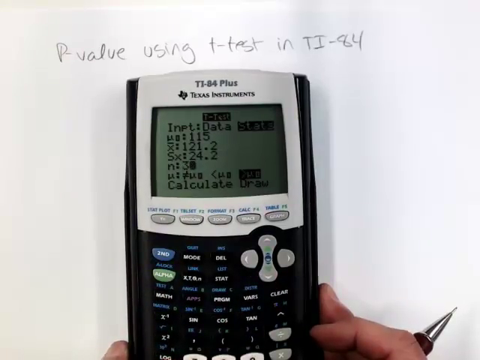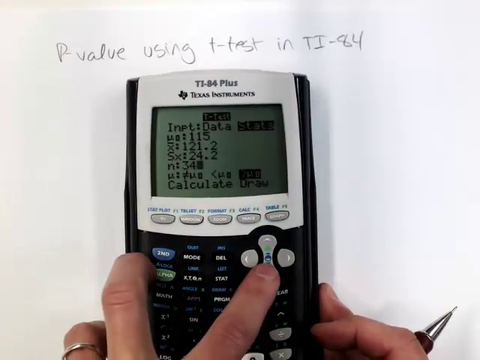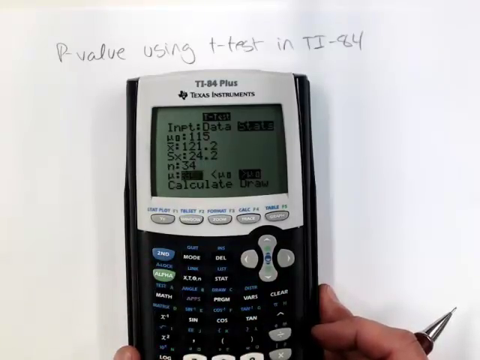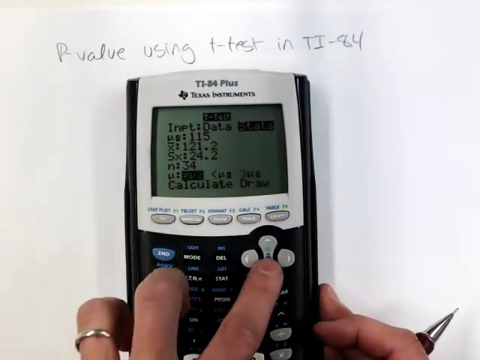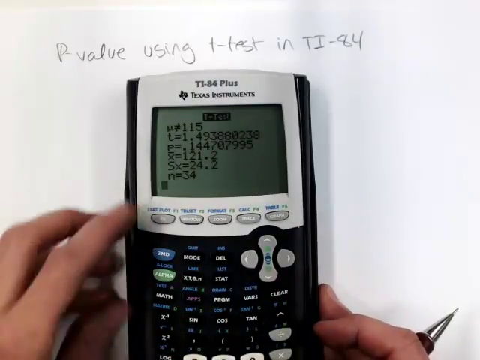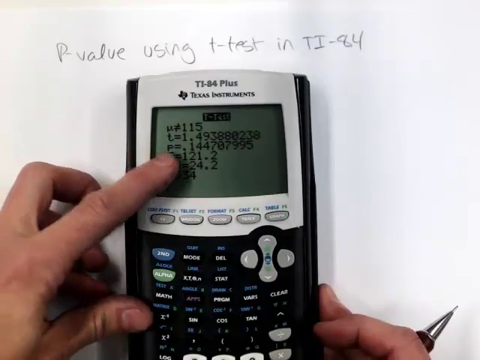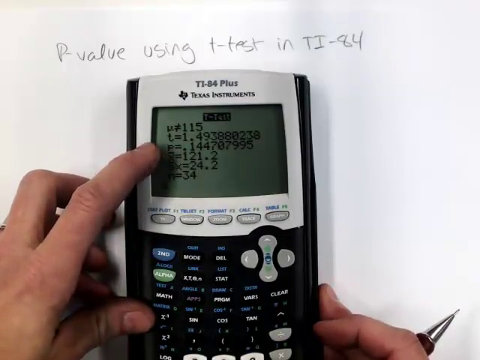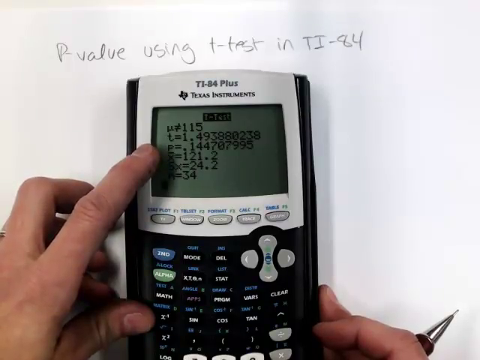And my sample size was 34. And then I can overwrite the direction of the alternative. This was a two-tailed test. And then calculate. Is this test statistic of 1.493 and so on the same that we got by hand?